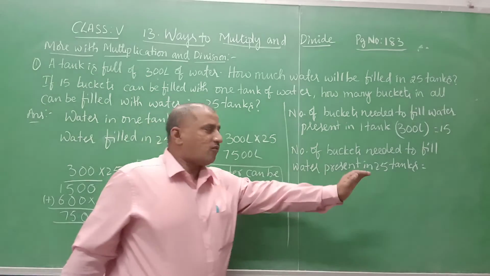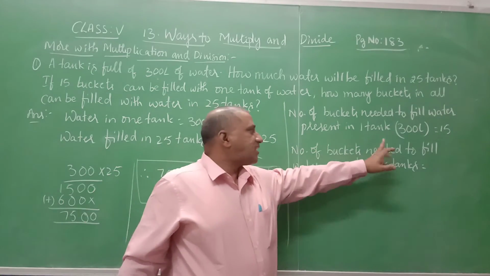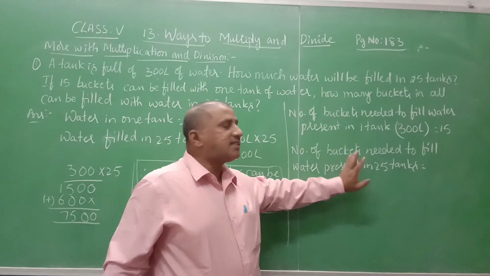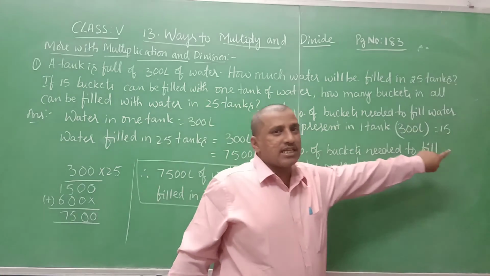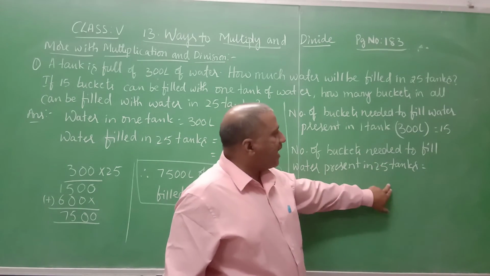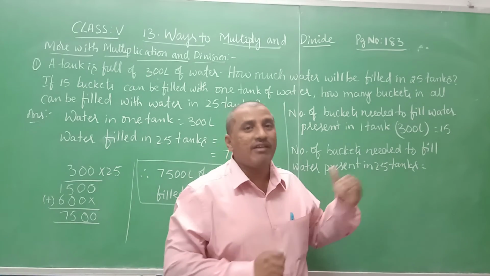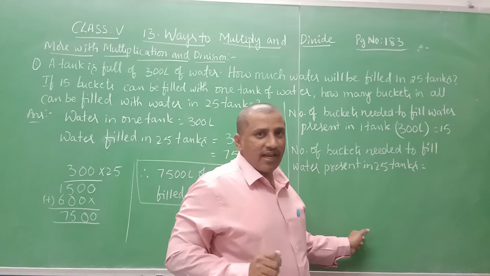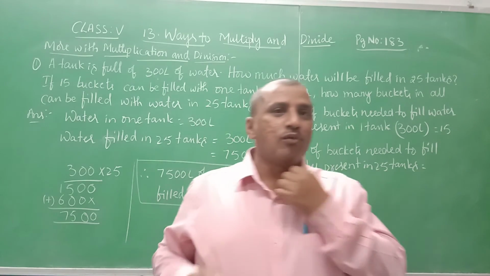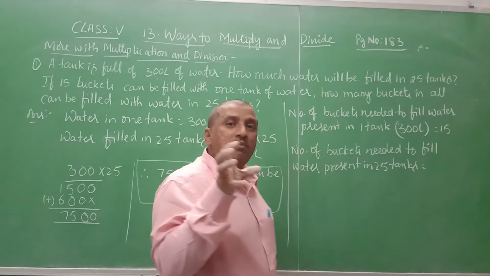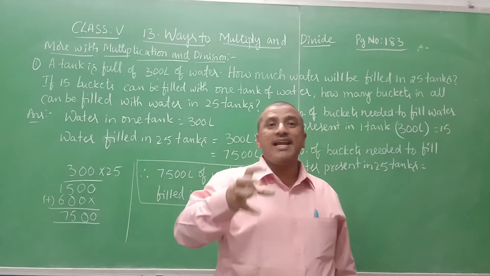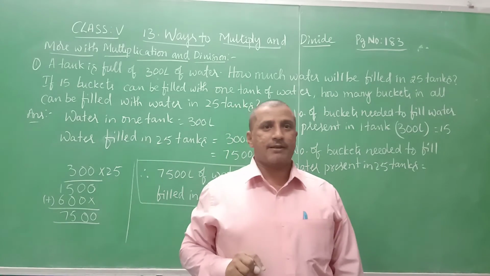Now here, what number of buckets is needed to fill the water present in 25 tanks? To fill one tank, 15 buckets we require. For 25 tanks, how many? What to do? We will multiply. This is one way. The other way we can do it is by using the division concept. First you find how much water is needed to fill one bucket.